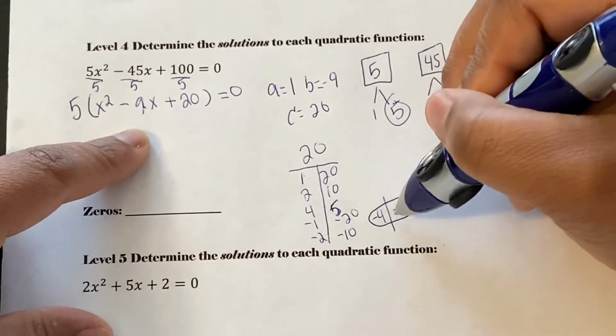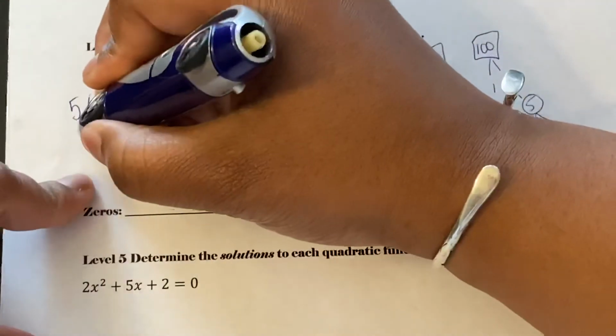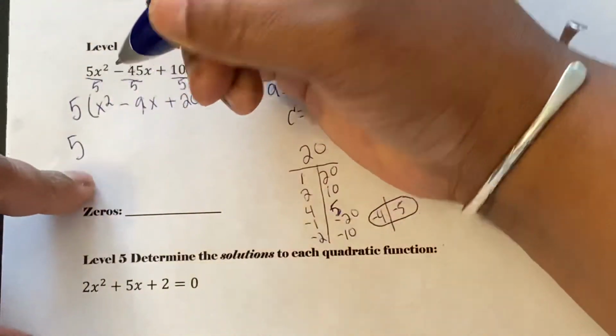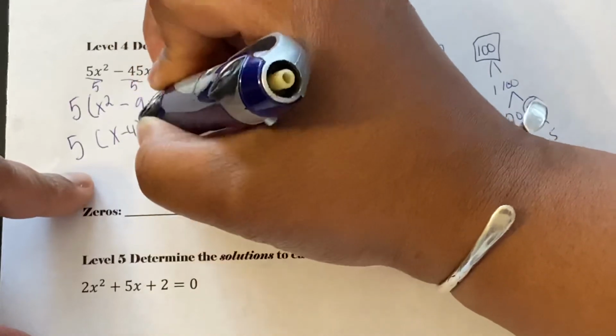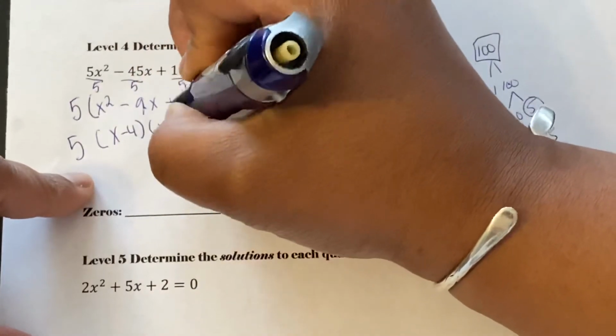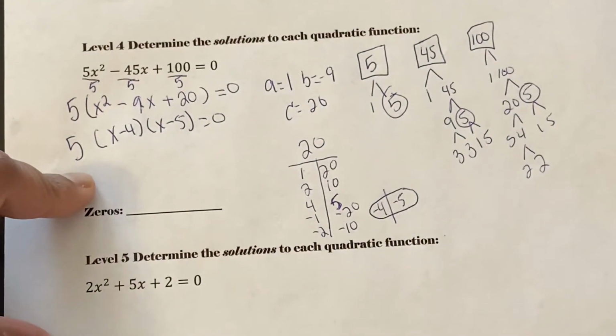So now I'm going to write out these factor pairs as factors. So I'm not forgetting that GCF. It's going to become 5 times (x minus 4)(x minus 5) equals 0. Don't forget your equal 0 because we're dealing with equations here.